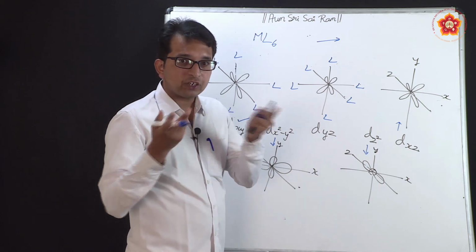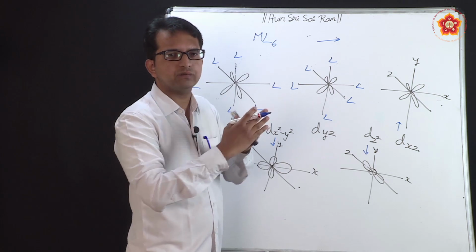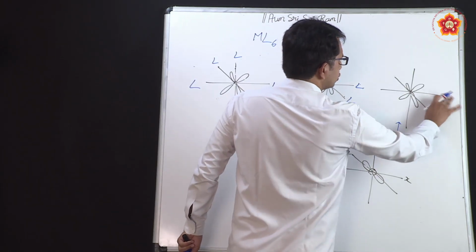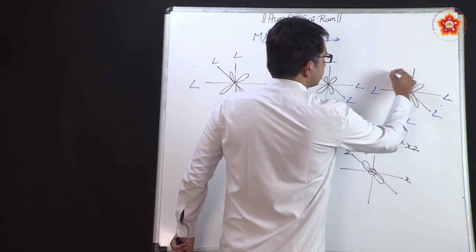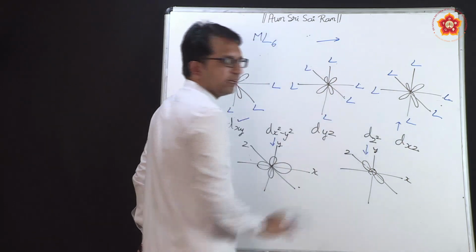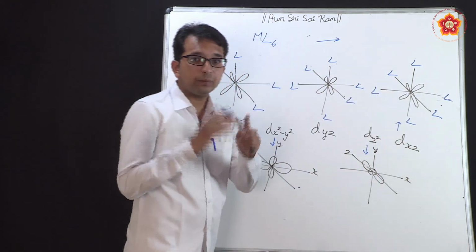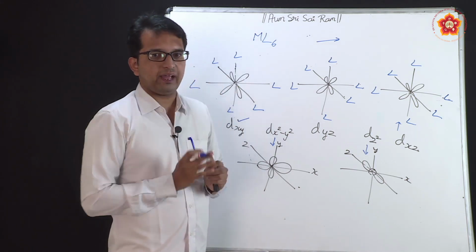So naturally repulsion will be there, but here it is comparatively less because of the separation. Similarly in this case, all the 6 axes, let me show them as ligand, and these 6 ligands are donating electrons to the central metal ion, and the orbitals of the central metal ion are present in between the axis.